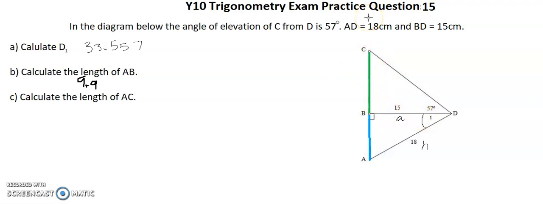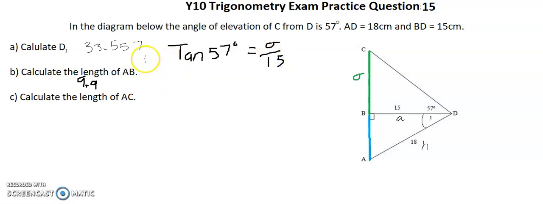This is where we've got a side length, our adjacent side, and we've also got an angle. And we are looking at the opposite, which means we need to be using the tan ratio. So tan 57 degrees is equal to opposite over my adjacent, which is 15.